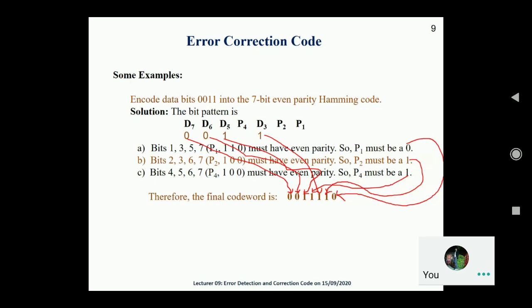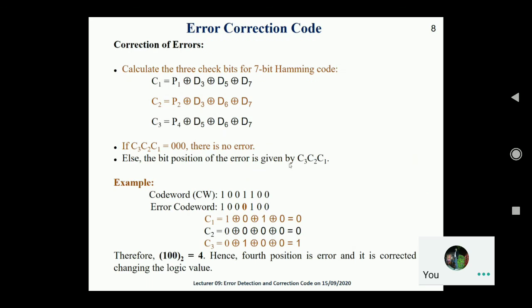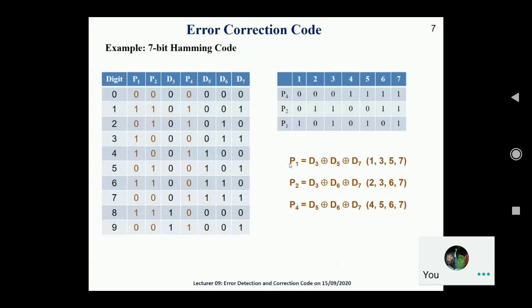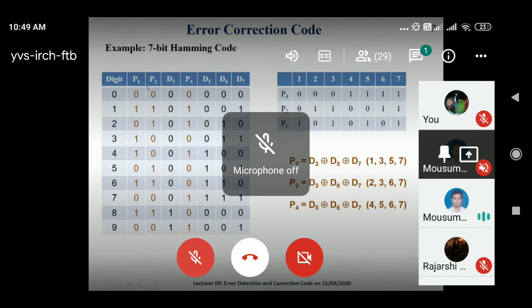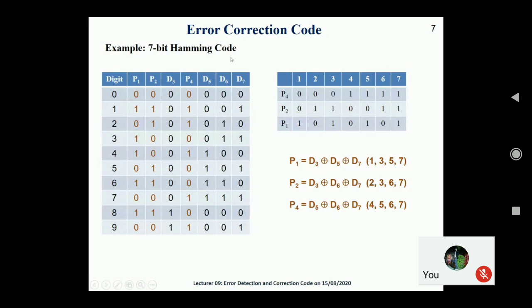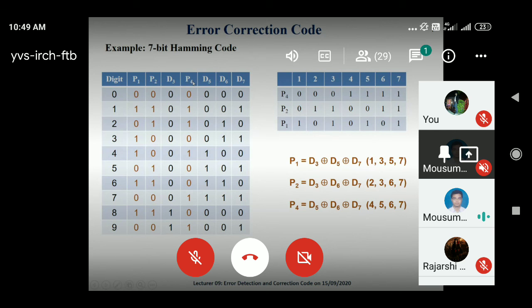Now just write one particular assignment and tell me. Next class you can complete this one. Suppose the data bits are 5, then how many parity bits are required?